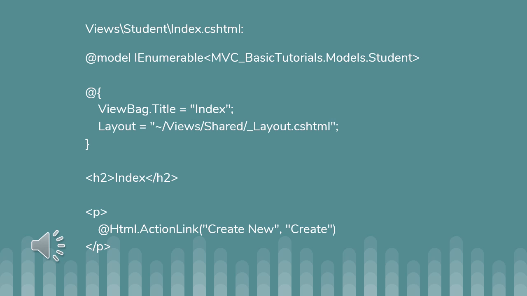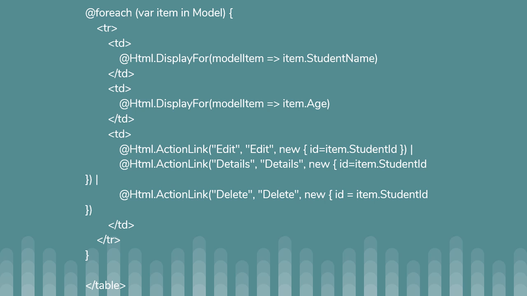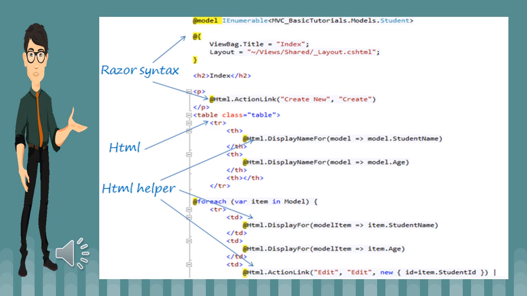The following code snippet shows the Index.cshtml. As you can see in the above Index view, it contains both HTML and Razor code. An inline Razor expression starts with the @ symbol. @Html is a helper class to generate HTML controls.